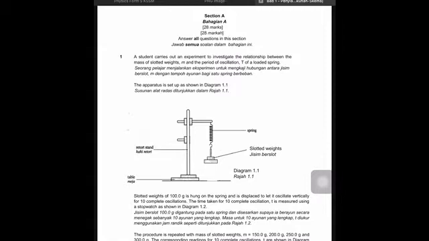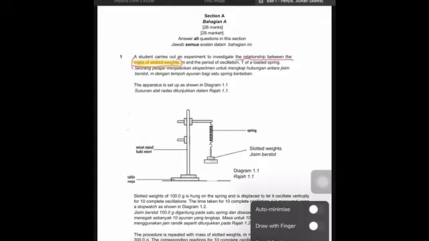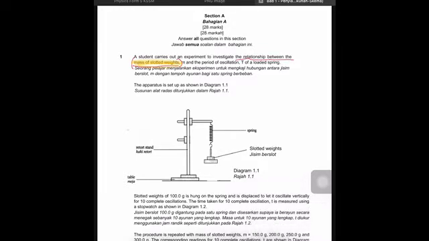Now, a student carries out an experiment to investigate the relationship between the mass of slotted weight, the mass of slotted weight. So this is very important. And then they are talking about the period of oscillation.